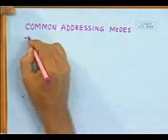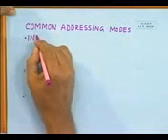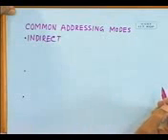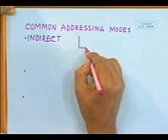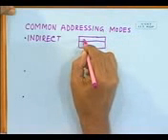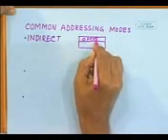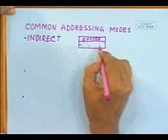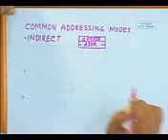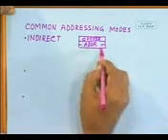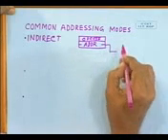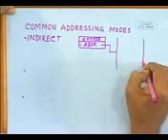Then comes the indirect mode of addressing. In indirect mode of addressing, instead of directly providing the address as part of the instruction, here is your opcode, then your address is here. Now this is not the address of the operand. This is pointing to a memory location. This is your main memory.